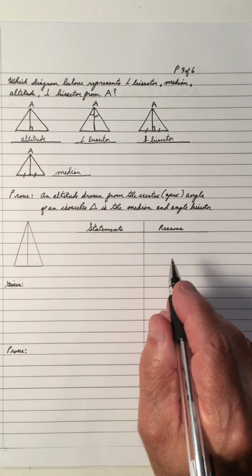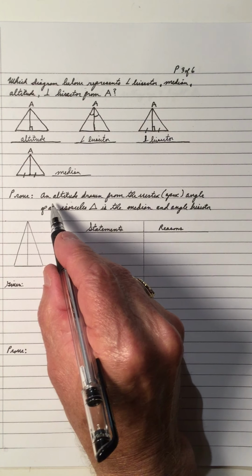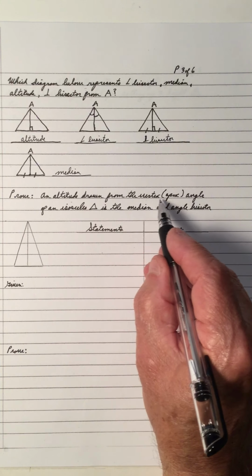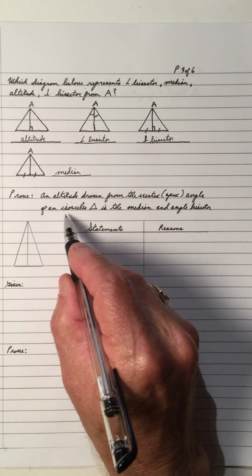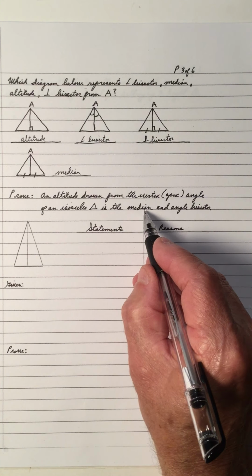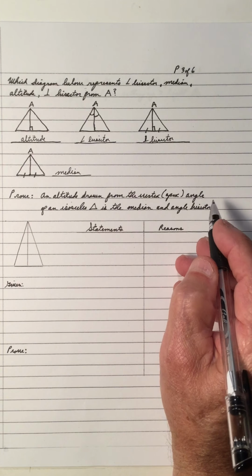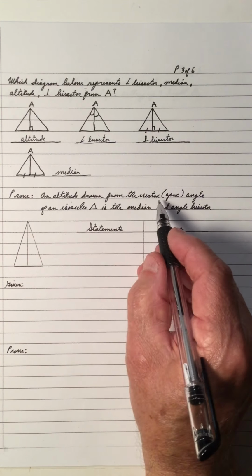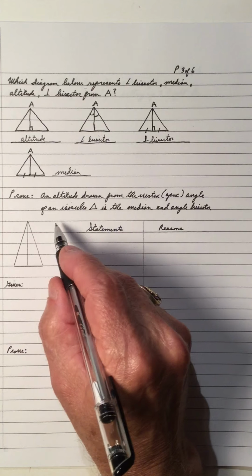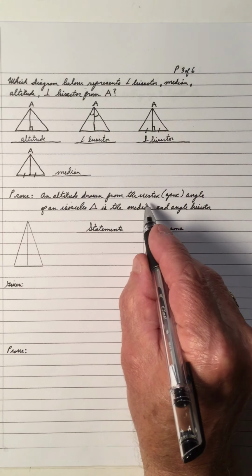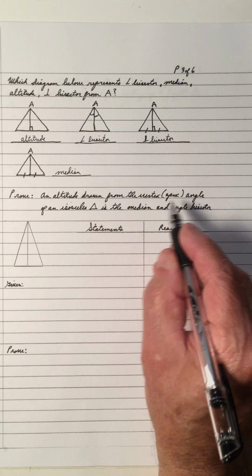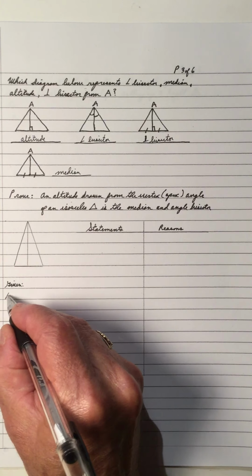Okay, let's do a little proof. Prove the altitude drawn from the vertex or apex angle of an isosceles triangle is the median and the angle bisector. So we have a statement that we have to prove. An altitude is drawn from the vertex or apex angle of an isosceles triangle. So we have a triangle.